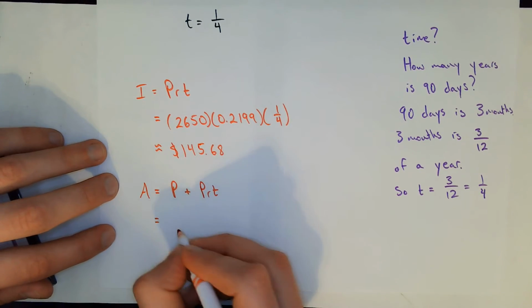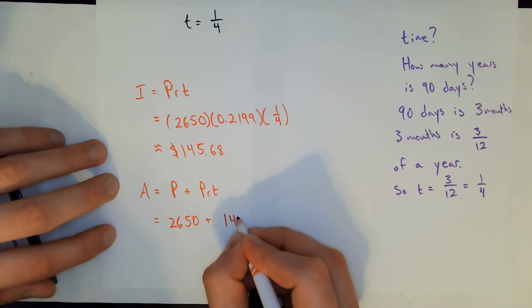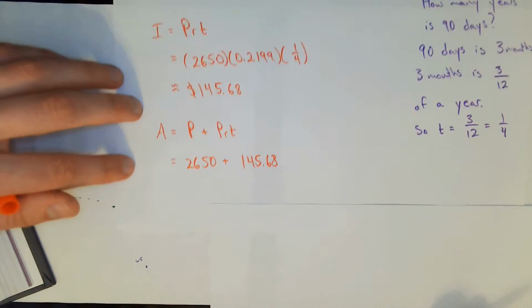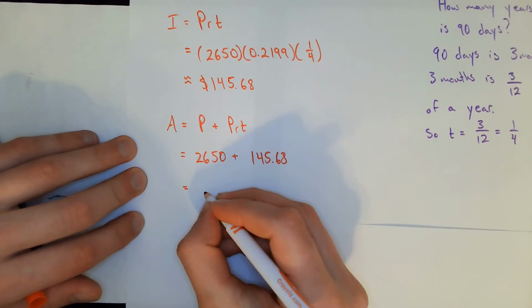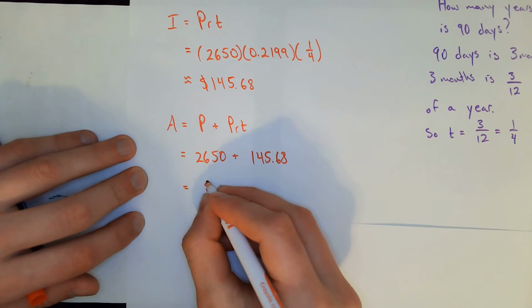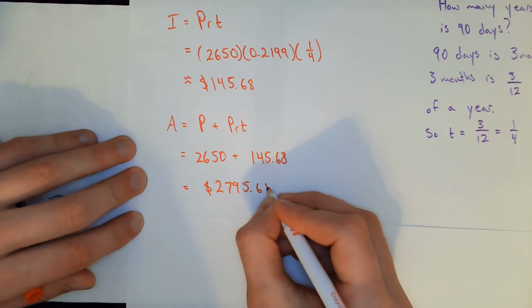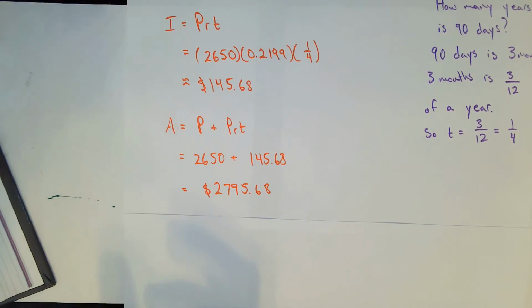And for us, that's going to be 2,650 plus 145.68. And then that's going to give us, so on the 91st day, this is how much he's going to need to pay for the TV.